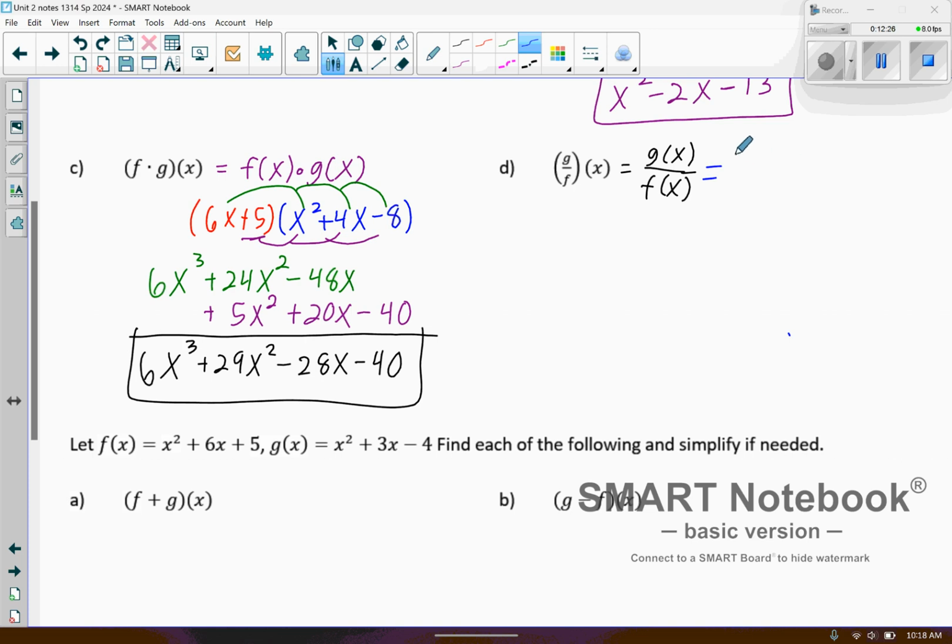So let's see, my numerator is g of x, which would just be x squared plus 4x minus 8, and then divided by the denominator, which is f of x, which is going to be 6x plus 5. And that's it. You cannot cancel anything out. Like I said, later on in some other units, we might have some stuff like this where we can factor and find some common factors to cancel out, but we're not going to see that here in this section.